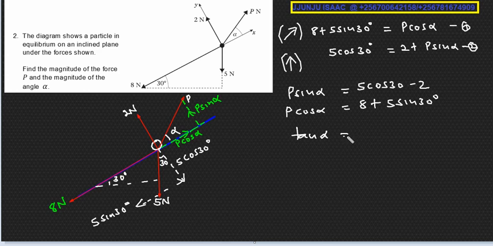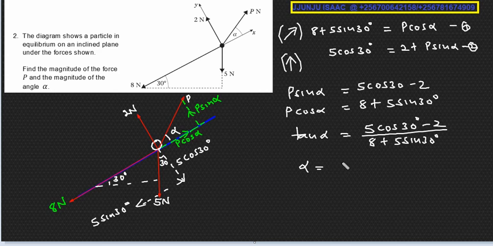So tan alpha will be equal to 5 cos 30 degrees minus 2 over 8 plus 5 sine 30 degrees.